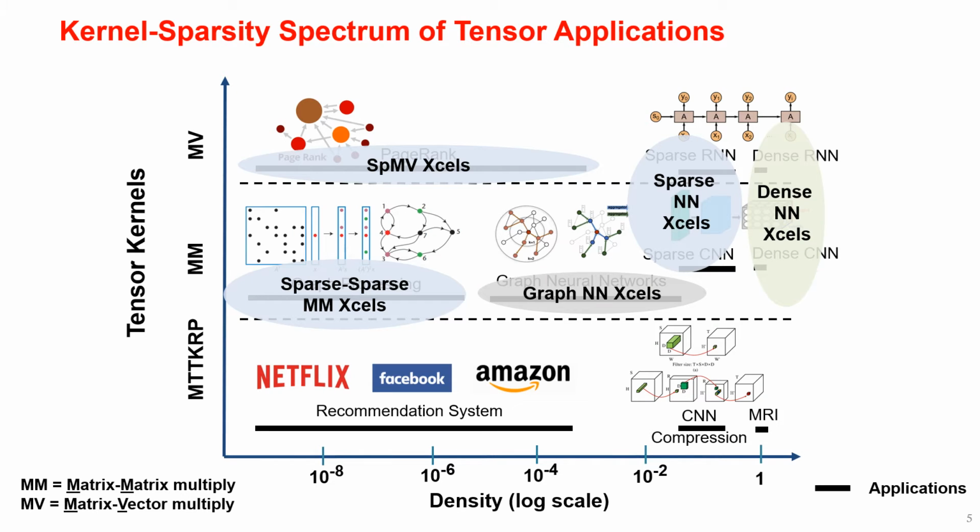Now, because different application domains make use of different tensor kernels, have different sparsities and different compute and memory requirements, the existing hardware accelerators either just cover a single application or a small class of applications while making some assumptions about the sparsity.